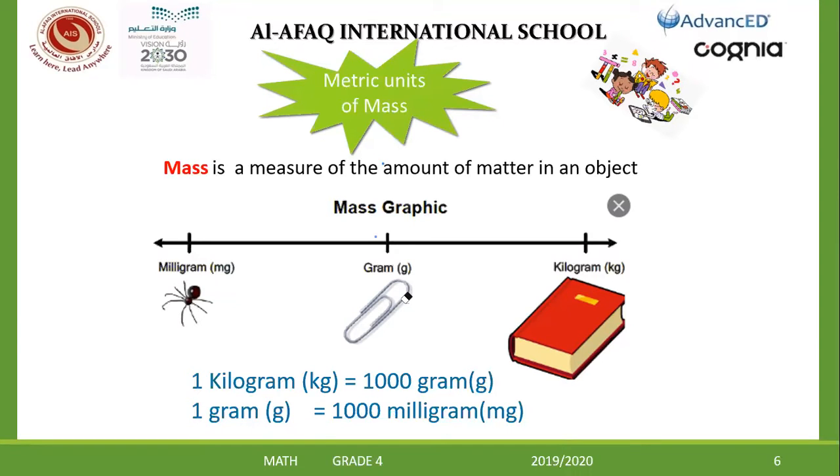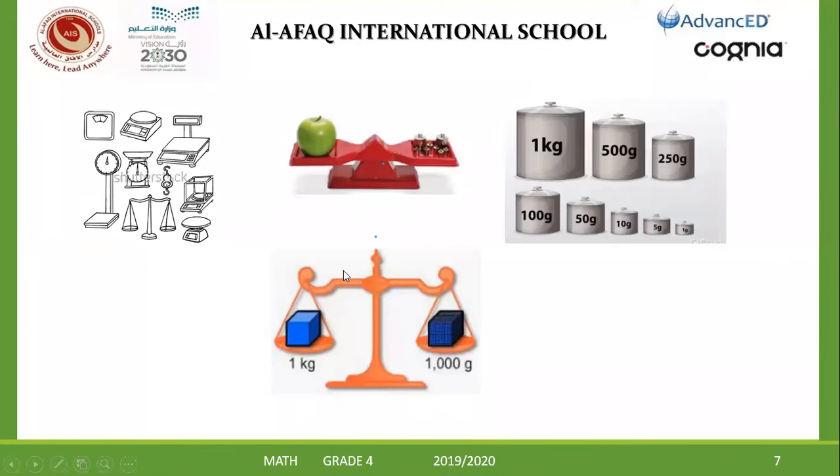If I say the paper clip's mass is 1 gram, its mass is also 1,000 milligrams. So each 1 gram equals 1,000 milligrams. Okay, let us practice converting units of mass from one unit to another unit.